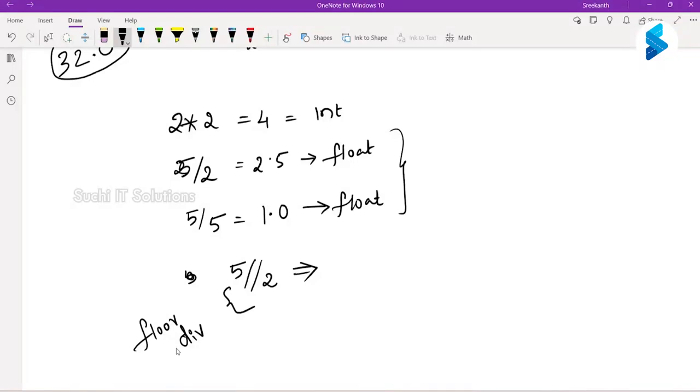So what would 5 double slash 2 result in? It would be 2. If I use a double slash, that would result in an integer. If I use a regular division, that would always result in a float. But if I use a double slash, which is the floor division, that will always result in an integer.